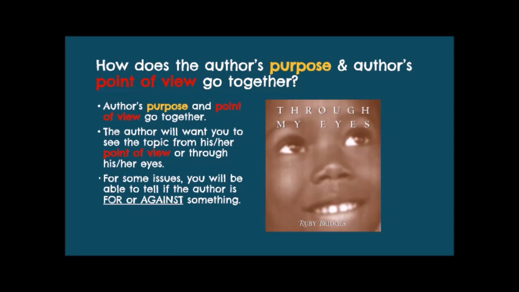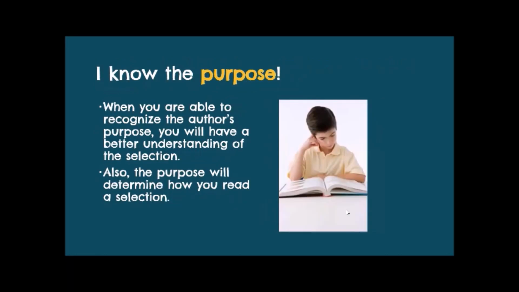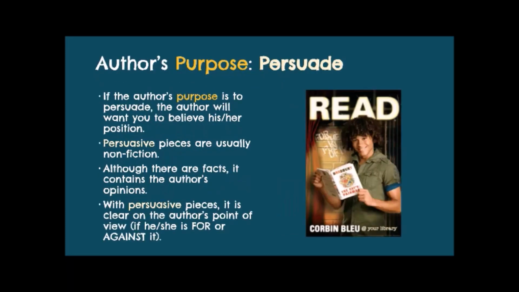Well, the author will want you to see the topic from his or her point of view or through his or her eyes. So for some issues in some pieces that you'll read, you're going to be able to tell if the author is either for or against something. So when you're able to recognize the author's purpose, you're going to have a better understanding of that selection. And the purpose helps you determine what the best way is to attack how to read that selection.